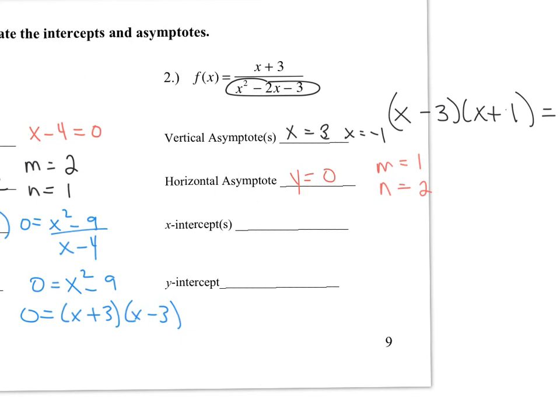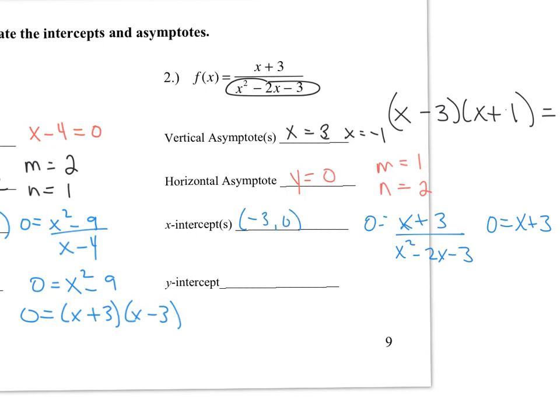The x-intercept, I'm going to go ahead and set that equal to 0, and then cross multiply. So you'll get 0 equals x plus 3 when you cross multiply. Subtract 3, your x-intercept would be -3, 0.